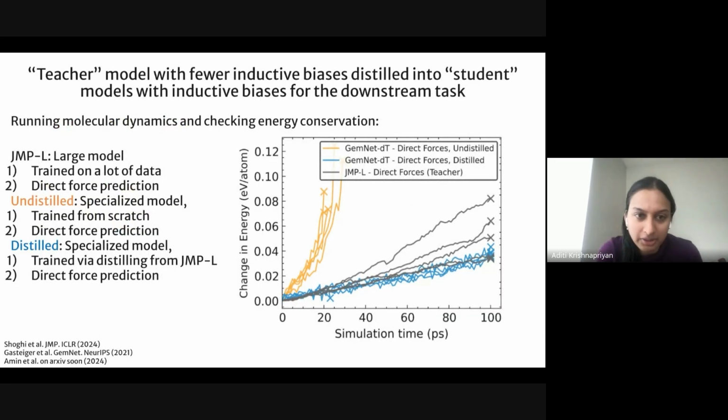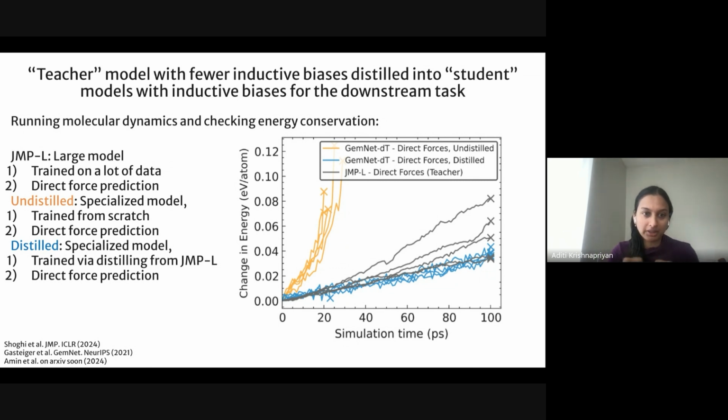One really interesting case study I just want to mention, though, with this study that we did on looking at these distilled models and developing a new method to do this type of distillation is when we looked at taking this model, JMP, this is a backbone of GemNet from Nima Shogi, published earlier this year.